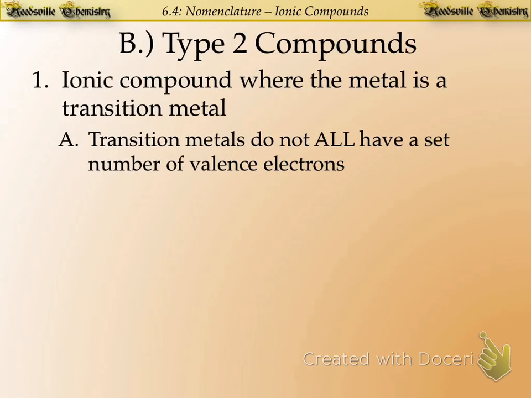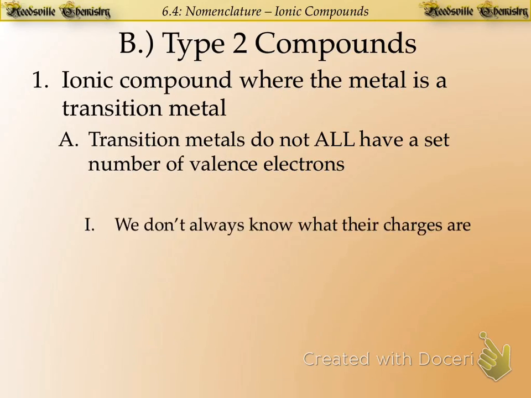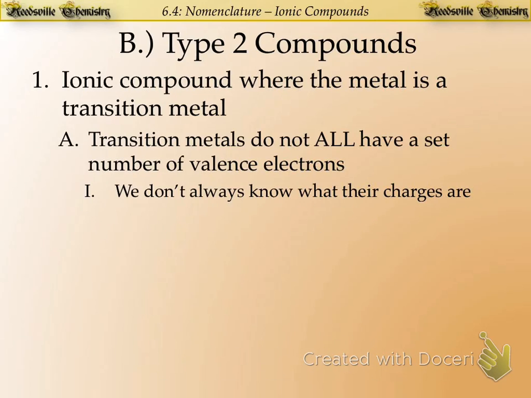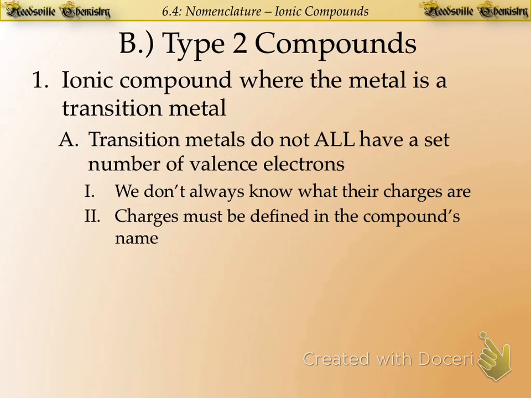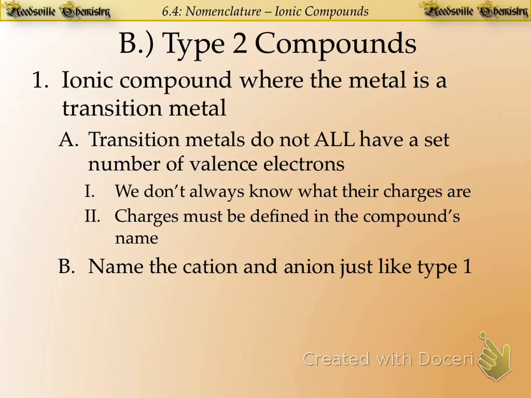The reason why is beyond the scope of this class, but it's just the way it is right now. So we don't always know what their charges are. So charges need to be defined in the compound's name in order for us to know how these transition metals are going to bind with other anions. So here's the process. We name the cation and the anion just like type 1 compounds. There's no difference.